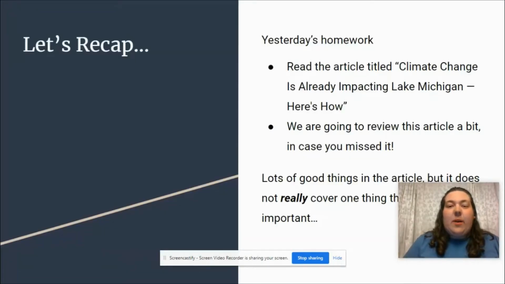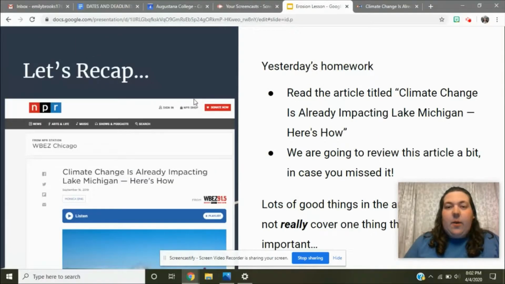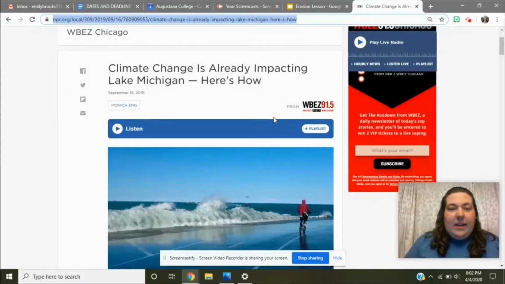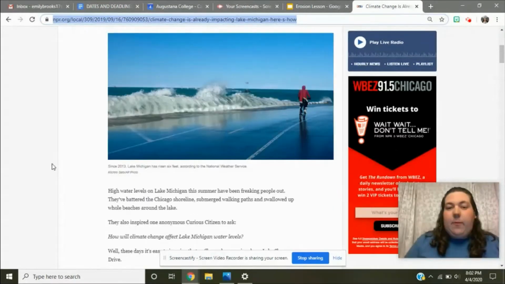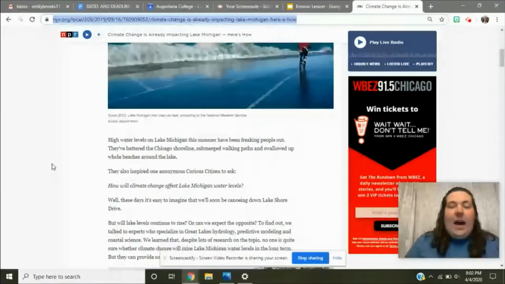So yesterday's homework, as a little recap, was for you to read the article titled "Climate Change is Already Impacting Lake Michigan, Here's How." We're going to review this article a little bit. This is what our article looked like, and it talked about some things we might be familiar with. We might have seen it in the news before.